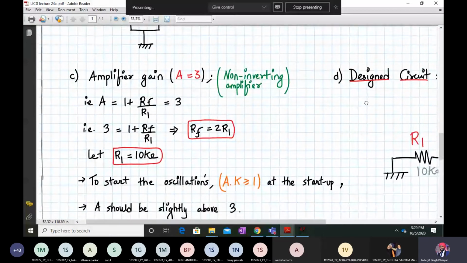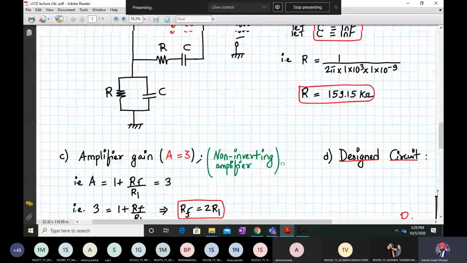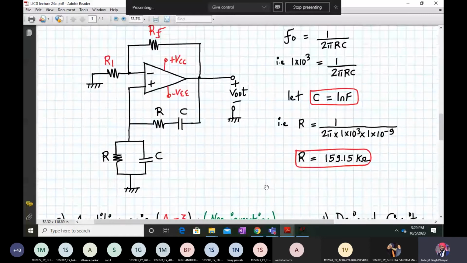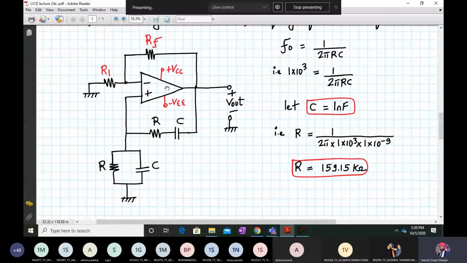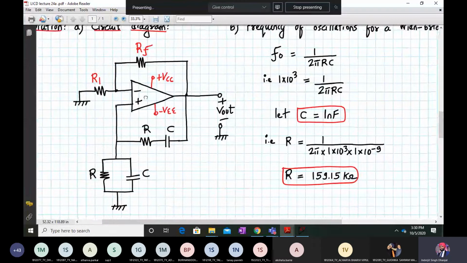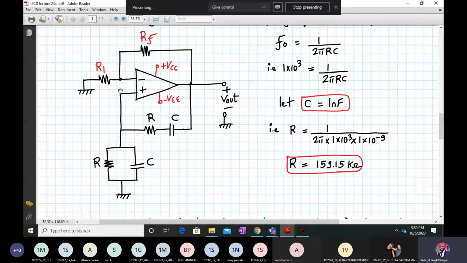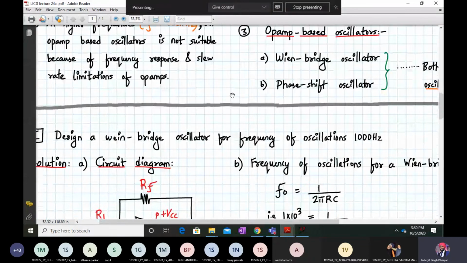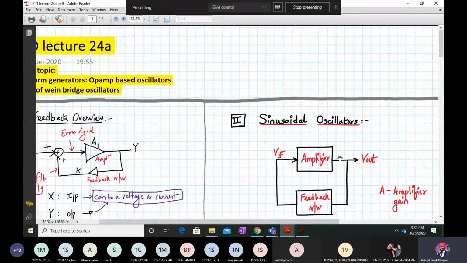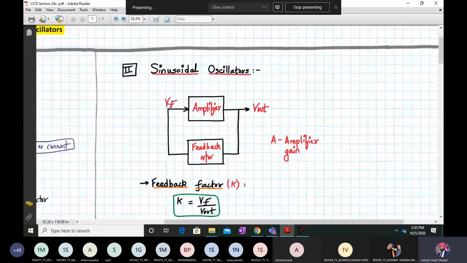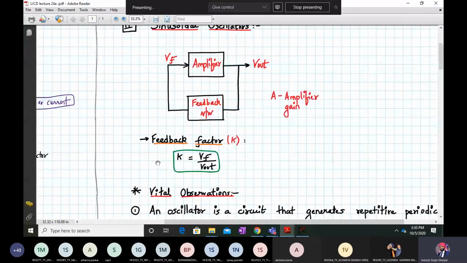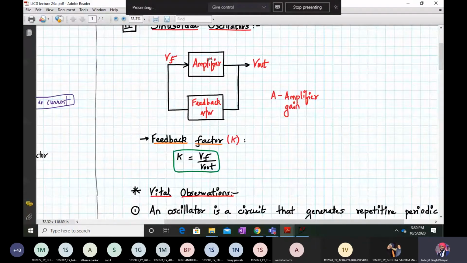Now next is the amplifier gain. As you can see clearly, this is also kind of an amplifier with the V plus terminal acting as an input. Basically there is no external input over here, but if we consider this feedback signal, it acts as an input to this amplifier. Even though there is no external input, there is an internal input, because if we don't apply anything to the amplifier, it won't work.